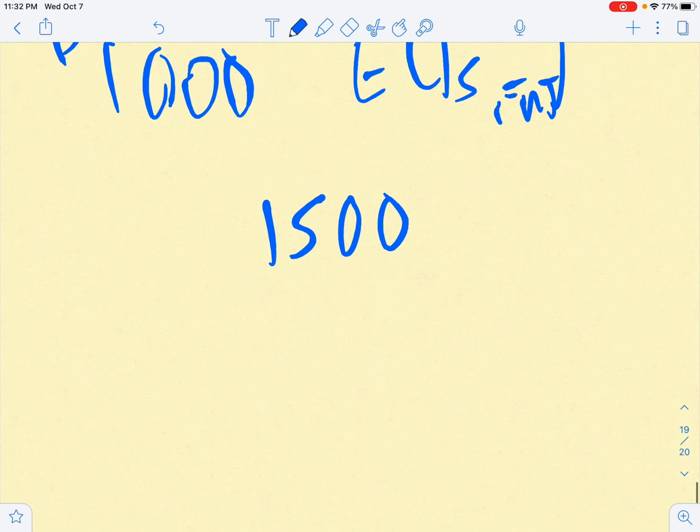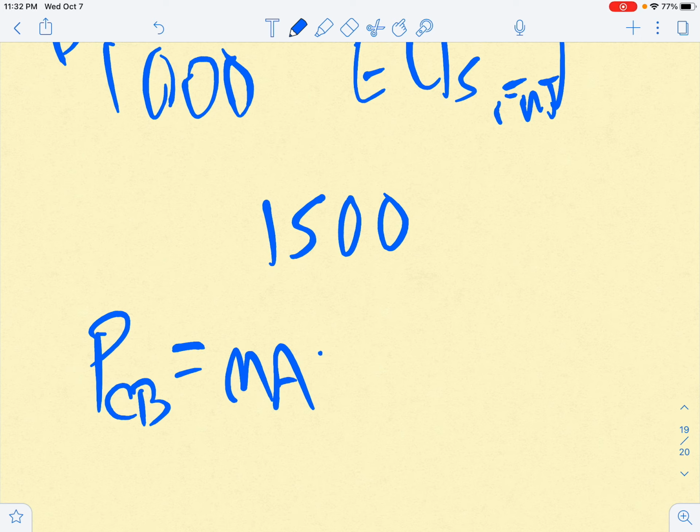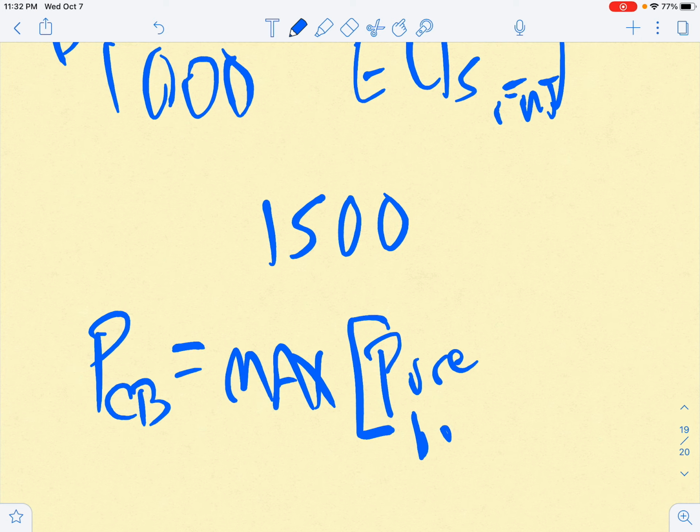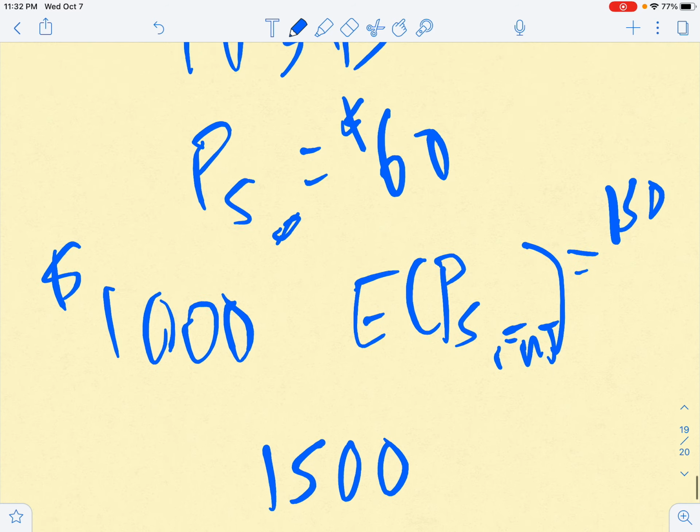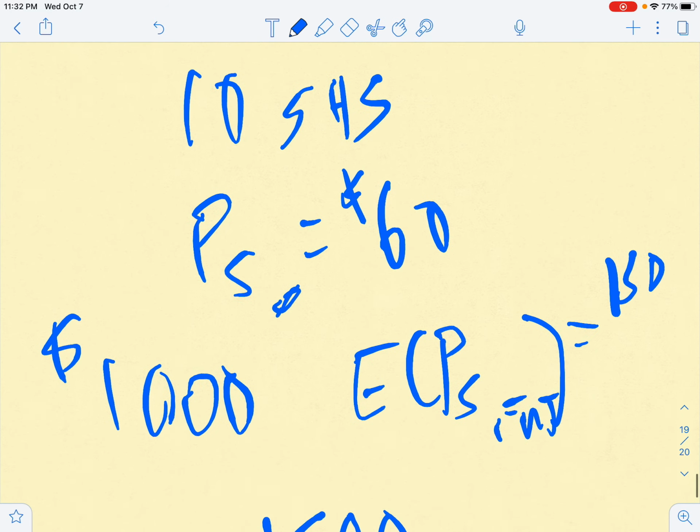In other words, the price of the bond, the CB, convertible bond, will end up being the maximum of the pure bond value. That's calculating bond values as we have in the past, present value of all the promised coupon payments plus the principal payment at the end. So it's the maximum of pure bond value and conversion value.